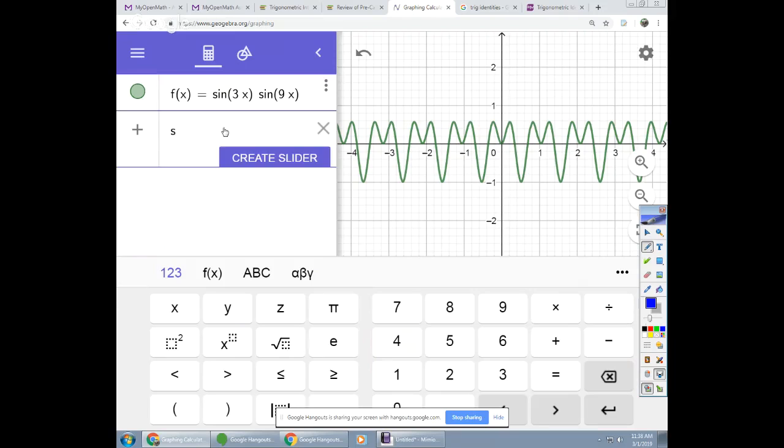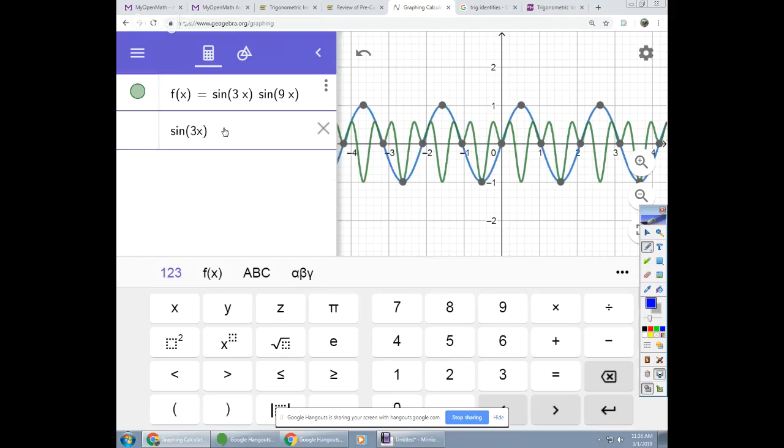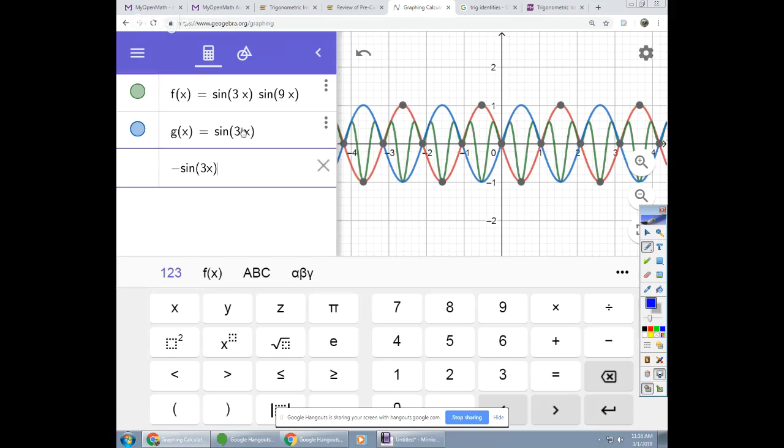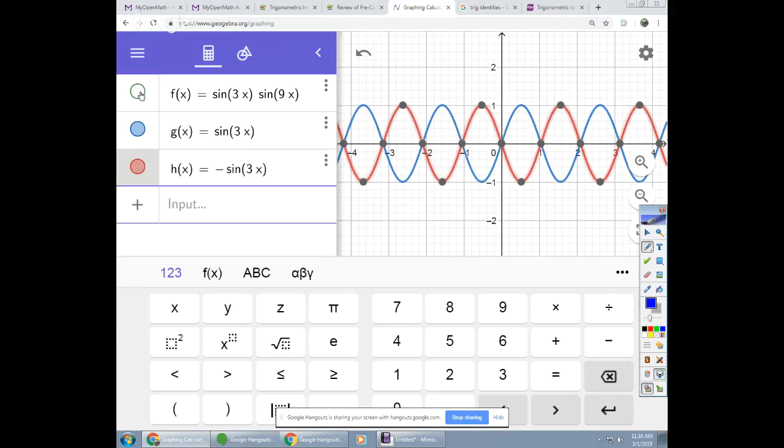Let's graph the sine of 3x next to that. Yeah, that kind of works. And check out the negative sine of 3x. So the green function is our function. The sine of 3x has the bigger period than the sine of 9x.